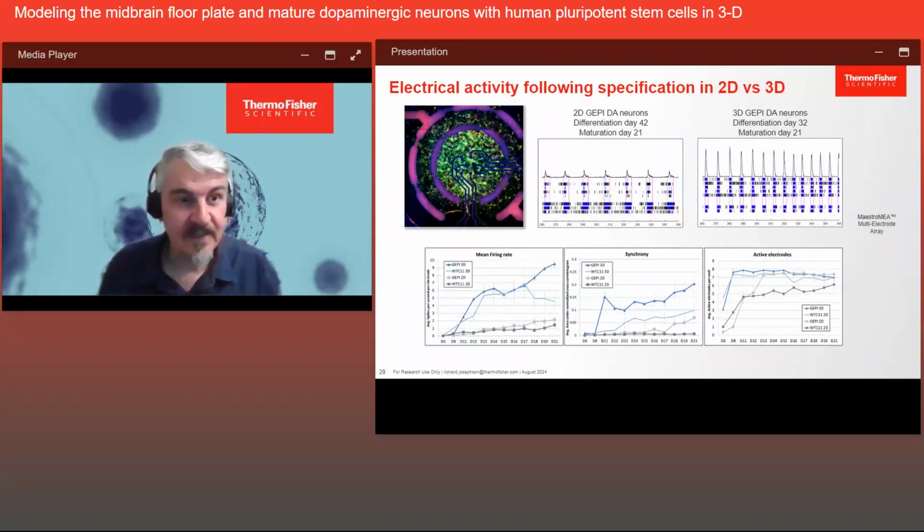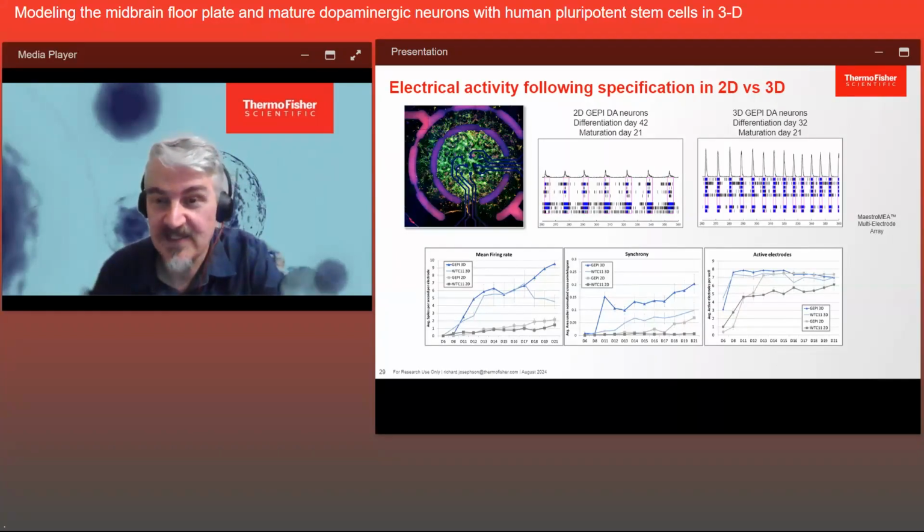So this is an image of the DA neurons that were singularized at the end of the expansion stage by my colleague Michael, day 11 of the protocol. And he used the multi-electrode array to compare neurons that have been specified in 2D versus those specified in 3D.